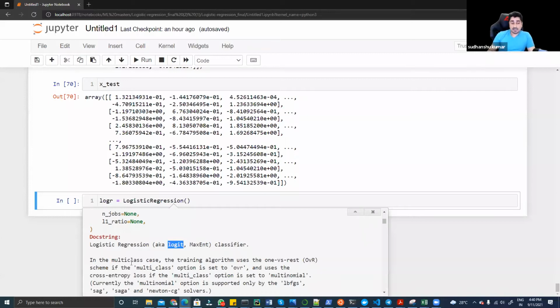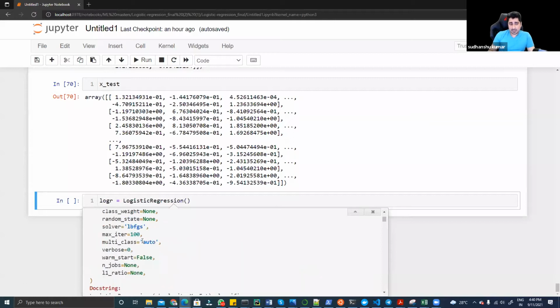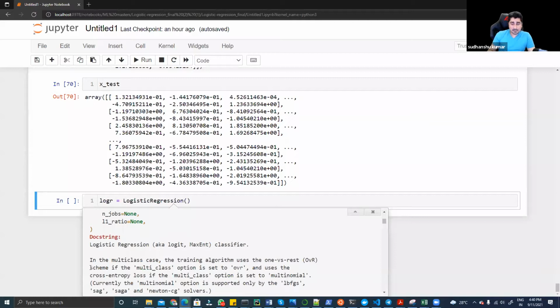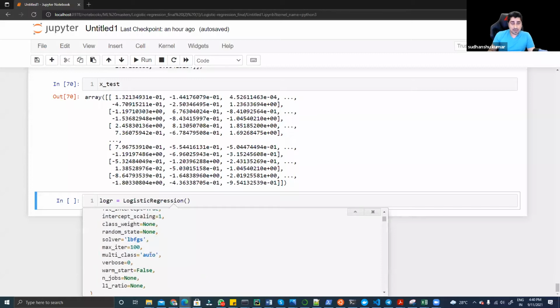Here it's mentioned that in multi-class cases, the training algorithm uses one versus rest. As of now, multi-class is in auto mode, so it will be OVO, one versus one. But if you are trying to do a multi-class classification and the multi-class option is set to OVR, then it is not going to be auto; you are supposed to set that as a parameter.